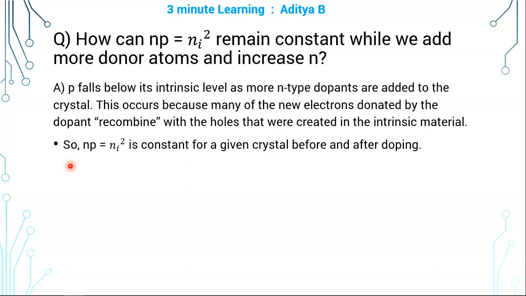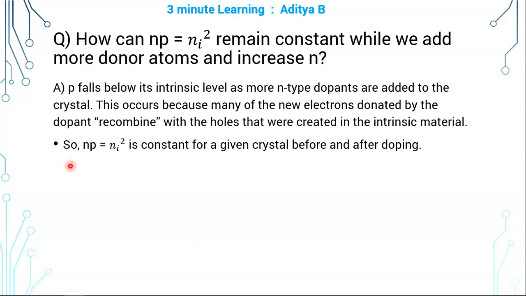Now, at this non-zero Kelvin temperature, when you do the doping, you are adding donor atoms. Each donor atom donates one electron. Say you are adding n donor atoms, n group 5 elements, then you will get the same number of free electrons.